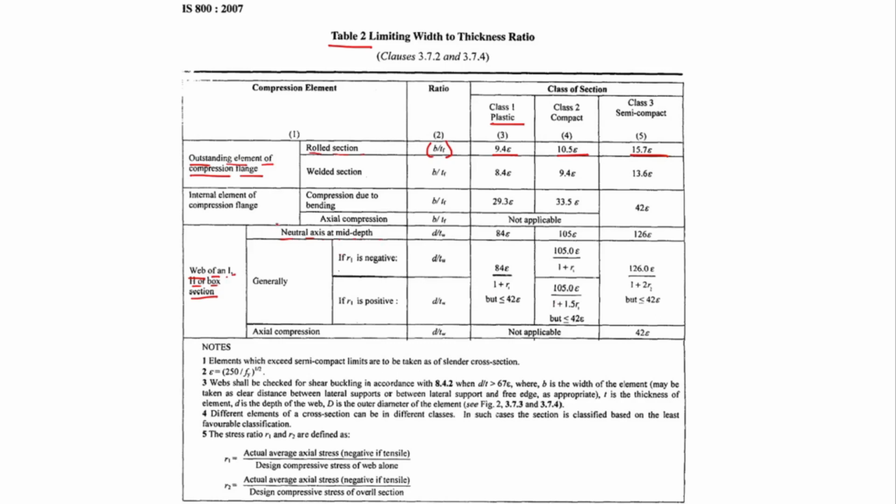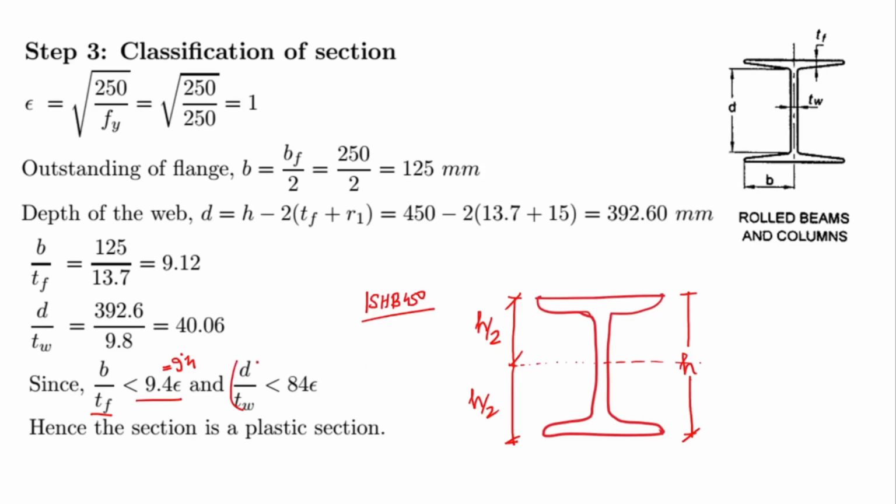So for this case, d by tw is limited to 84 epsilon for plastic section, 105 epsilon for compact section, and 126 epsilon for semi-compact section. For our case, d by tw is 40.06 and it is less than 84 epsilon or 84. Therefore, the web of the I section is a plastic section. As both the flange and web of the section are plastic, therefore the section is a plastic section.